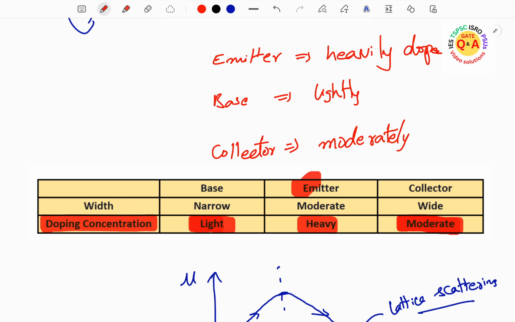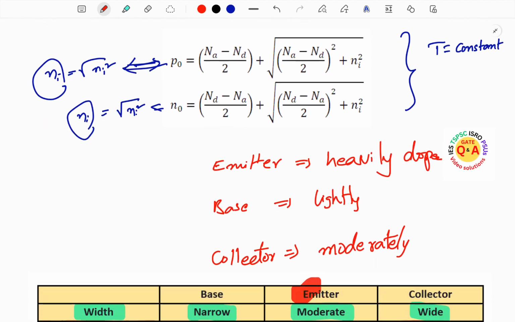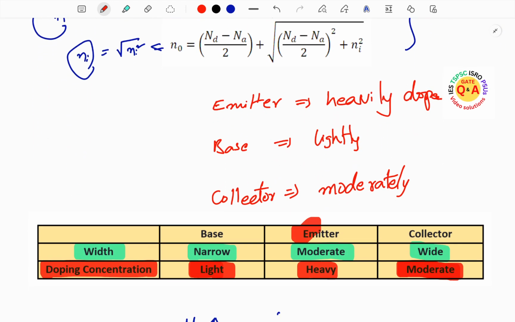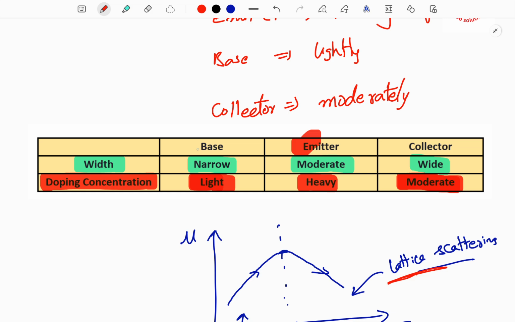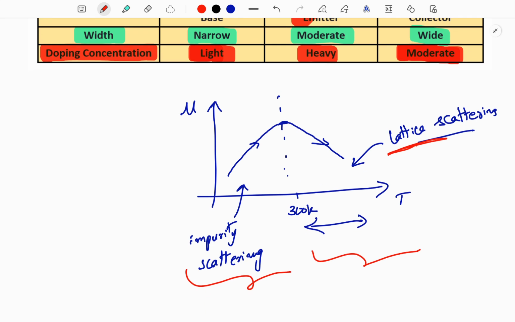We can see the widths also: the base has a narrow width, the emitter a moderate width, and the collector a wide width. And remember this curve also: for low temperature, impurity scattering; for high temperature, lattice scattering.